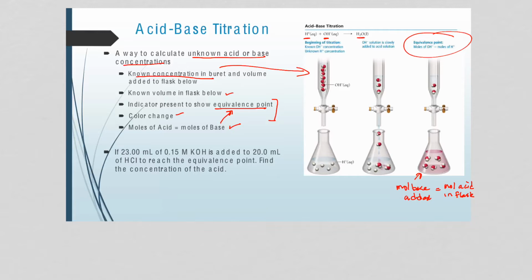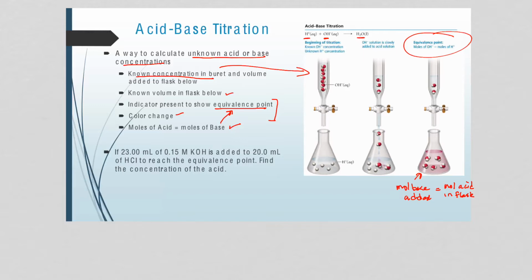Okay. So, let's say we have this problem. We have 23 milliliters of 0.15 molar KOH. It is added to 20 milliliters of HCl. So we know the volume and the concentration of the base in our burette, so we know how much we had to add to get to the equivalence point, and we know the volume of the acid that was originally in our flask.